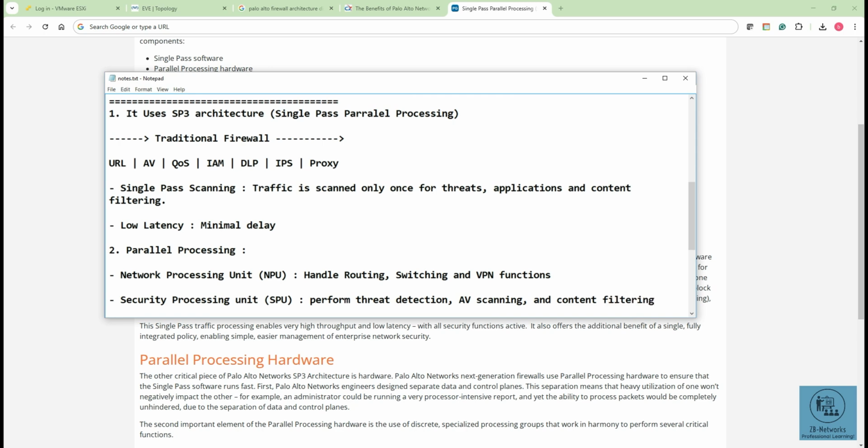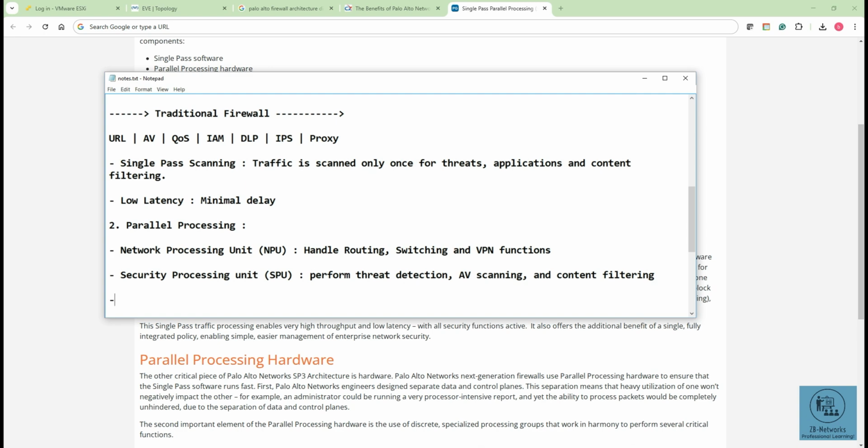It will also have another engine called the signature matching engine, whose function is to detect any sort of malware or spyware, and any intrusion attempt, in an efficient way.